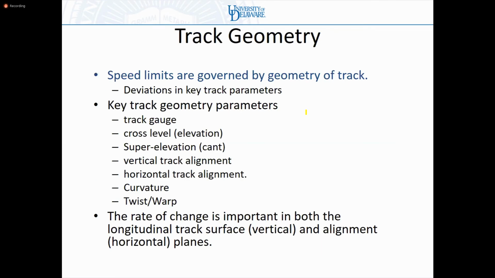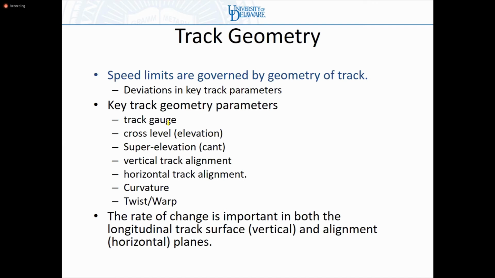So having said all that, now let's take a step back and talk about track geometry defects. Okay, so what are track geometry defects? Track geometry defects are changes, variations from pure straight track in the geometry of the railway system.